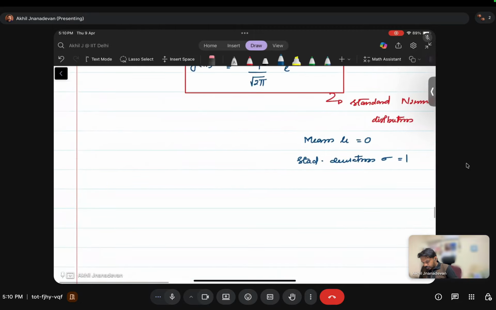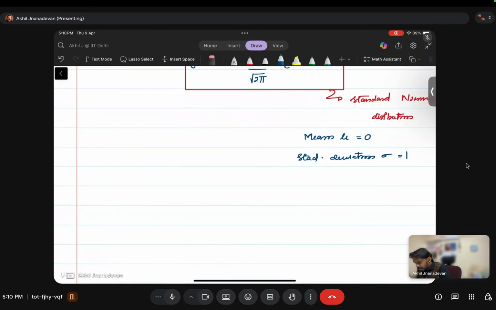So we can start with the A part. They have mentioned the probability of temperature between 15 and 24, right? So first we need to convert this to standard normal variates. Z is defined as x minus mu by sigma.